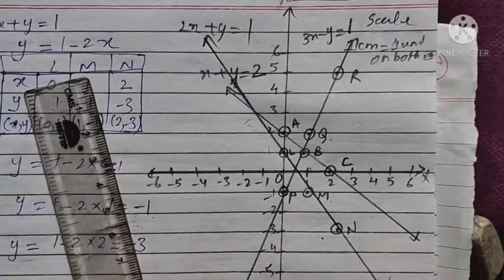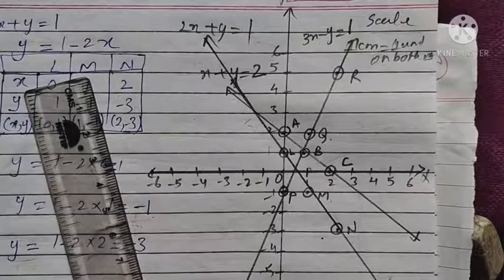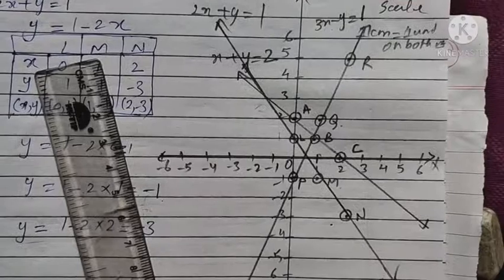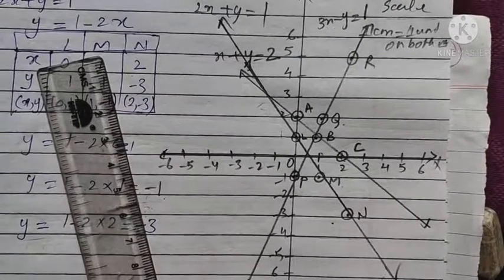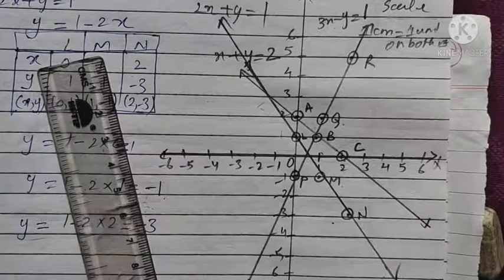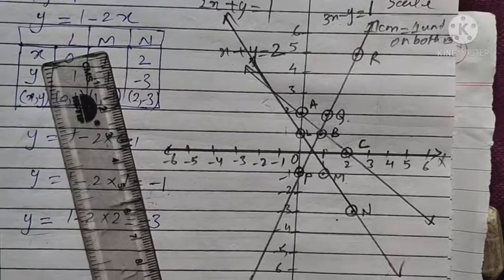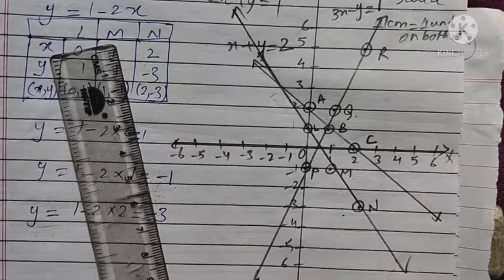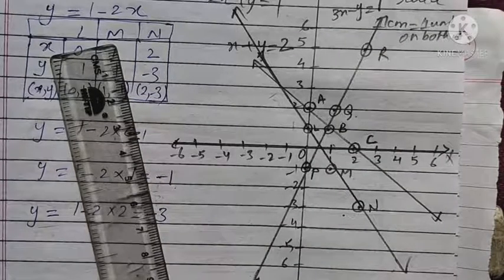I hope you got the idea how to plot the graph of one variable equation and the graph of two variable equation. For one variable equation, if the equation is of the type x is equal to a, then it's parallel to y axis. If the equation is of the type y is equal to b, then the line is parallel to x axis. In two variables, we have to find the value of two variables.